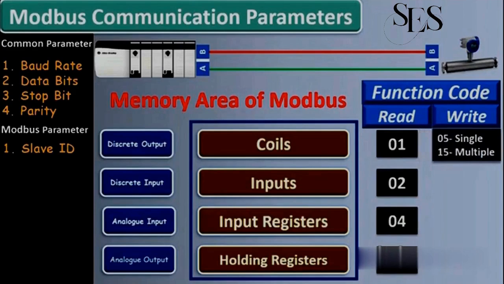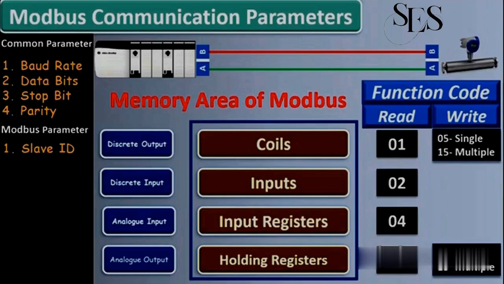If we want to write the value of a single coil, we use function code 5. If we want to write the values of multiple coils together, we use function code 15. Similarly, 6 is used to write a single register value and 16 is used to write multiple register values.